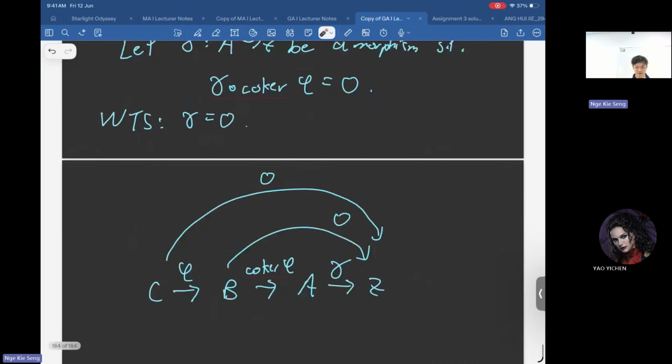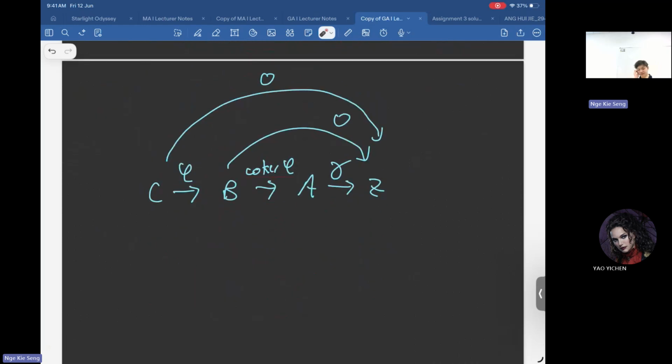In our case, where is the factorization happening?